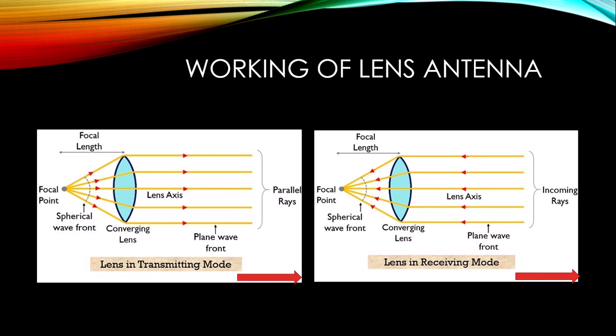Let's consider that we have a converging type of optical lens present at a certain position, and the source from where the energy is to be released is present at the focal point, at a distance of the focal length. So the distance between the focal point and the converging lens is the focal length, along the axis of the optical lens.